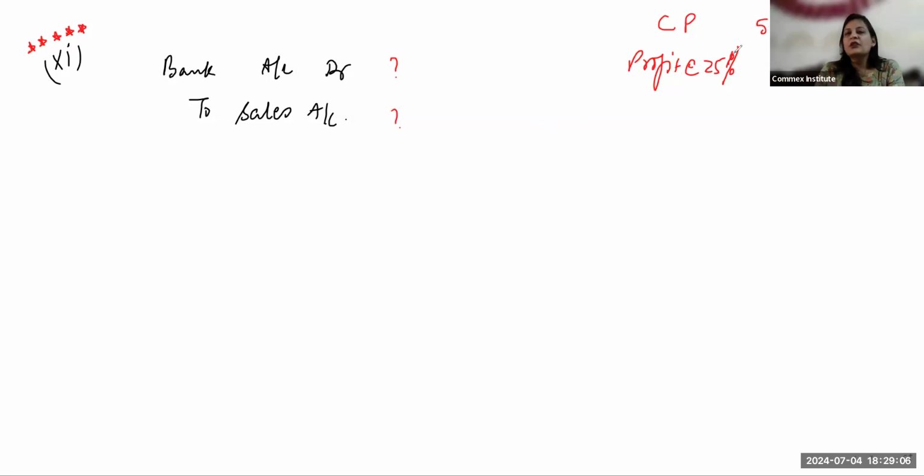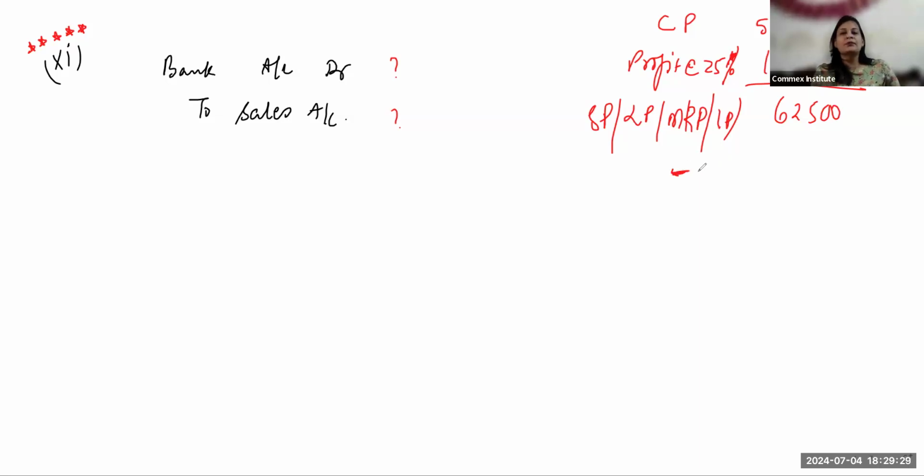So profit at the rate of 25% of this comes out to be 12,500. So that makes our list price or MRP or the invoice price or the selling price as 62,500, on which we have to give a discount, the trade discount at the rate of 10%.